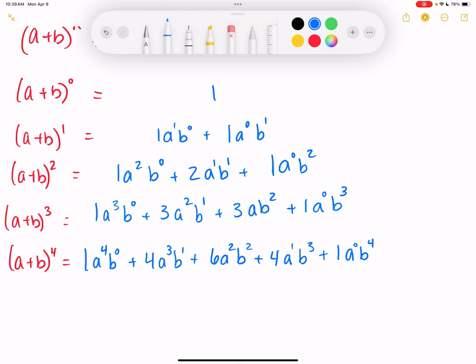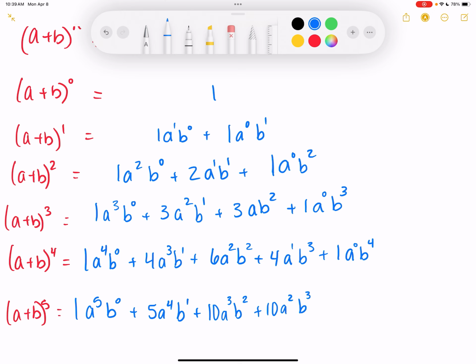And then the last one to match our triangle that we had, a plus b to the fifth, 1, a to the fifth, b to the 0, plus 5, a to the fourth, b to the 1, plus 10, a cubed, b squared, plus 10, a squared, b cubed, plus 5, a to the first, b to the fourth, plus 1, a to the 0, b to the fifth.